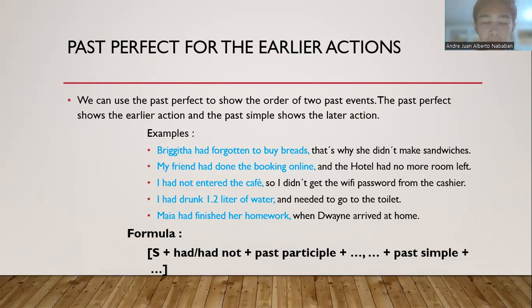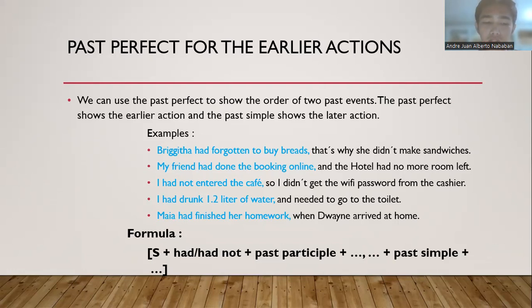Next, the fourth example. I had drunk 1.2 liter of water and needed to go to the toilet. I had drunk is a past perfect tense because we use had and we use drunk in this sentence.